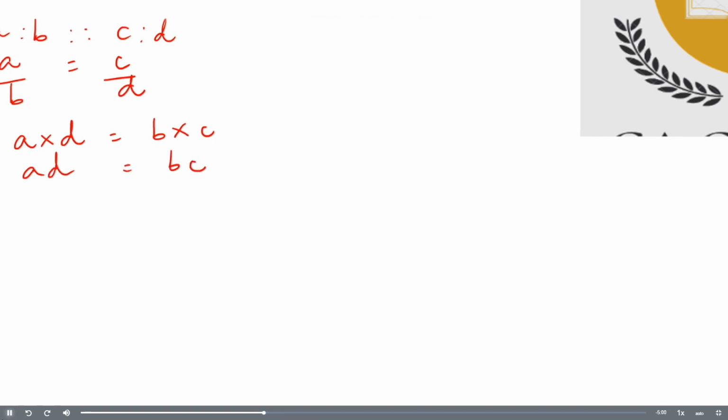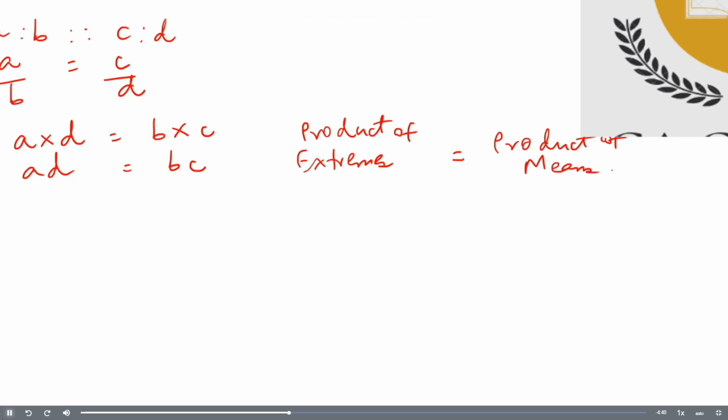You know that A and D are the extremes and B and C are the means. So the product of extremes is equal to the product of means. This is an important point here.